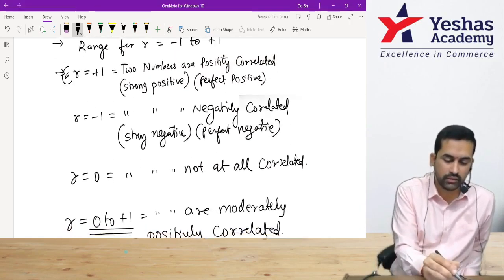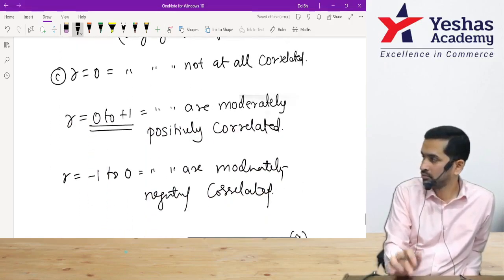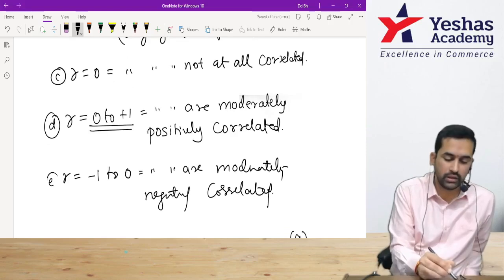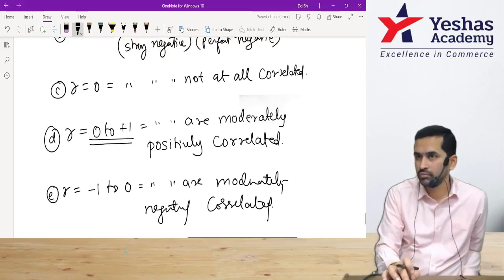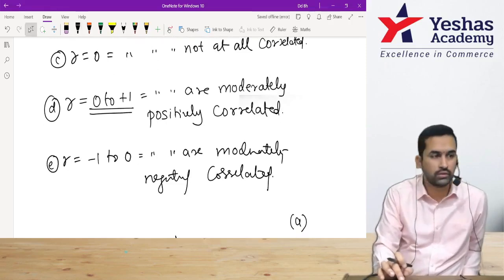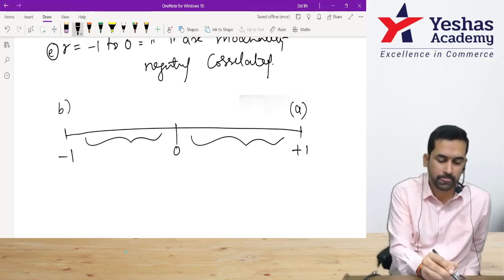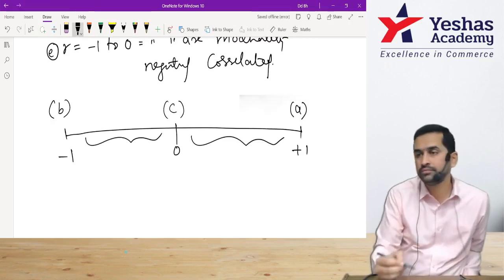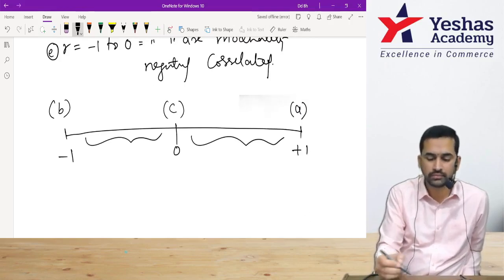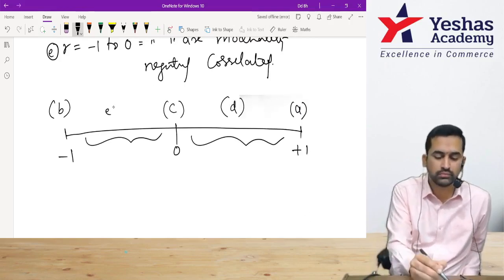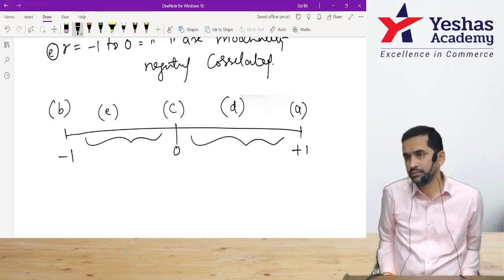Just mark this as A, B, C, D, E. Then you can write this as A, this is B, this is C, this is D and E.